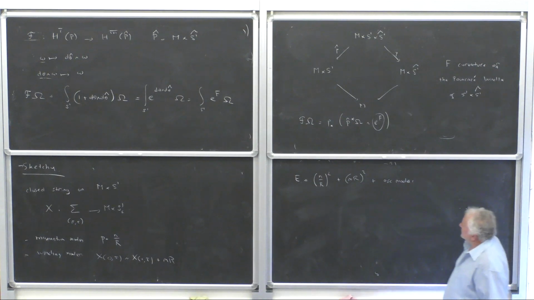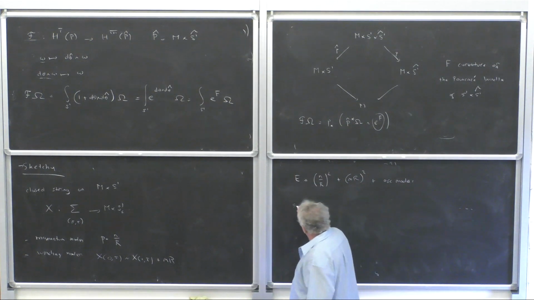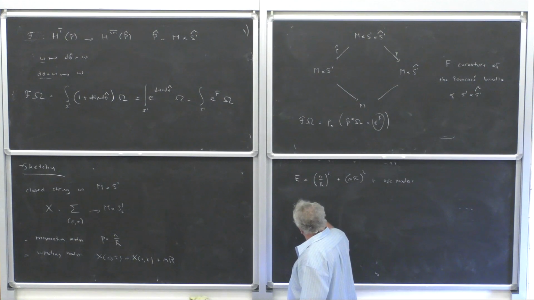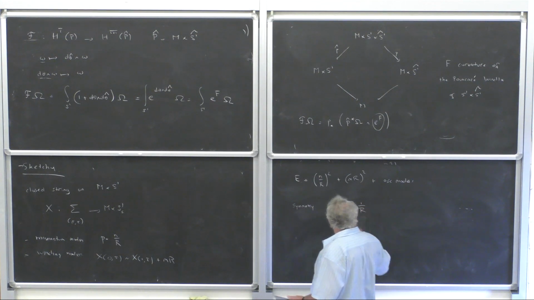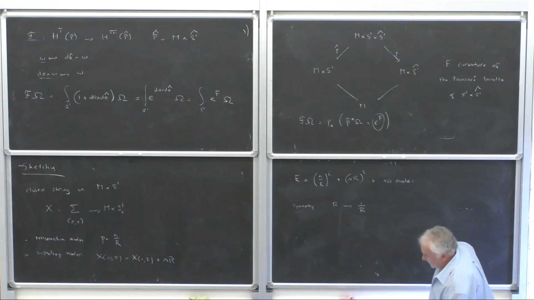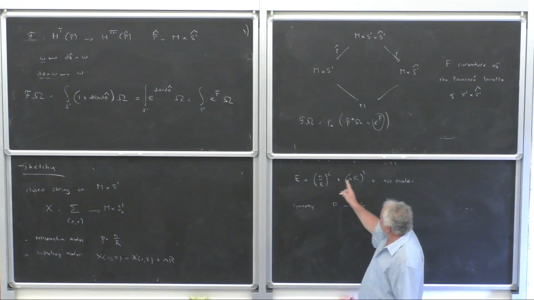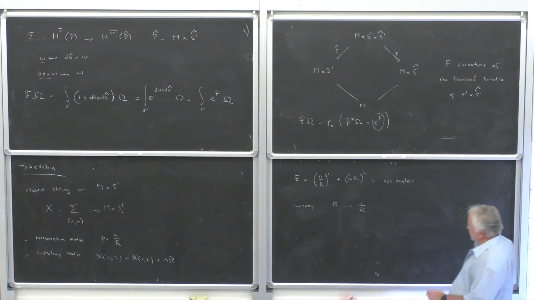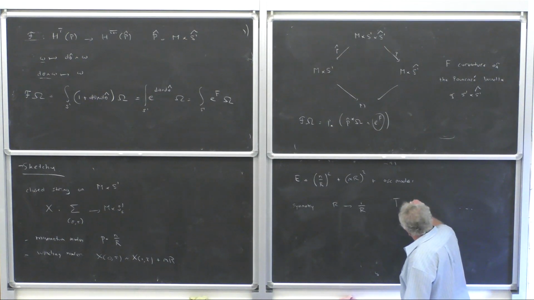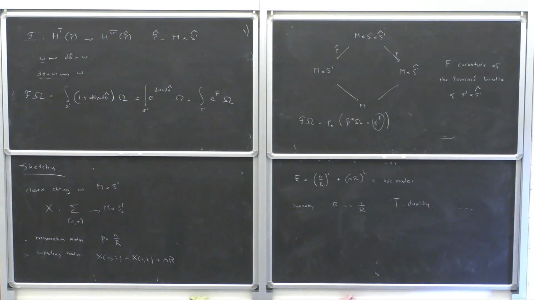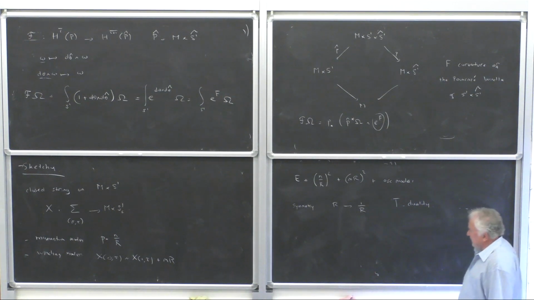So what you see here is that the spectrum has a symmetry. R goes to 1 over R, when you simultaneously interchange your momentum and your winding quantum number. And this is called T-duality. This is a symmetry of the spectrum, but you can show that it's actually a symmetry of all the amplitudes as well, all the correlation functions or scattering amplitudes.